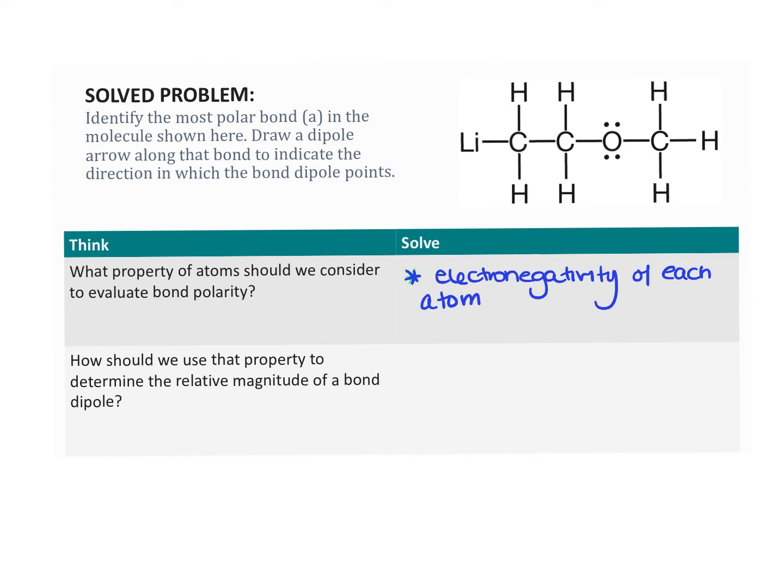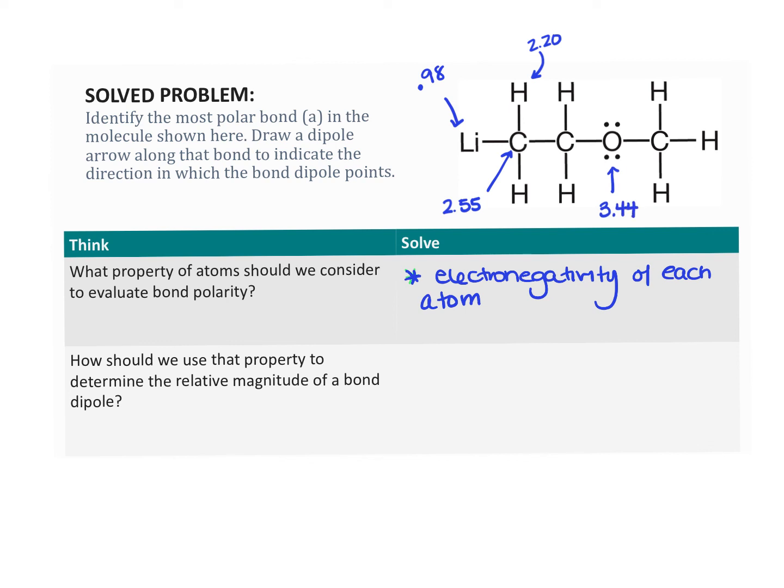And so what we see when we look at the electronegativity of each atom is, for example, lithium here is 0.98, and carbon here is 2.55, and hydrogen here is 2.20, and then oxygen here is 3.44.